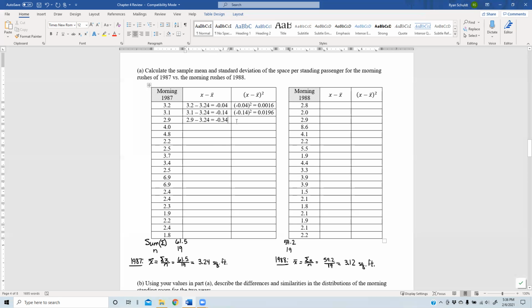Then I square that, which is 0.1156. And I'm going to just keep doing this all the way down until I get everything filled in.